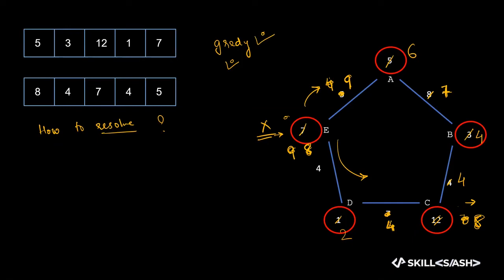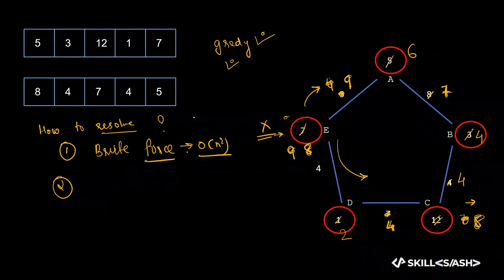Do we start and complete the circle in both directions? That is the first way, brute force. And the brute force again will give us order of n square in the worst case. Why?